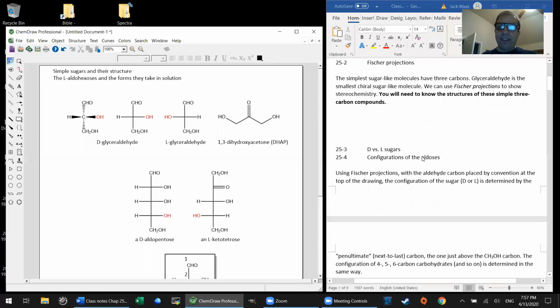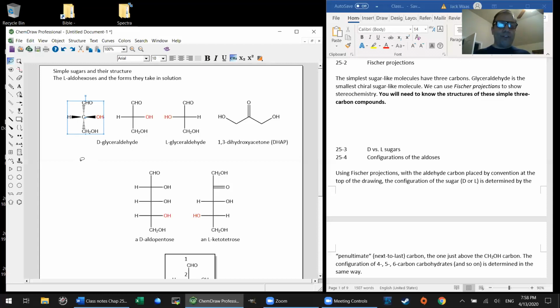Now, as I said, let's start with the smallest compounds that really are sugars at all, and the smallest possible ones have 3 carbons. Now, I know that we've seen this kind of structure before, probably way back in chapter 5, when we started talking about stereochemistry, and we discussed the differences between the types of stereoisomers, so enantiomers and diastereomers.